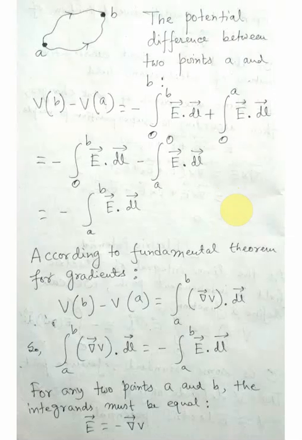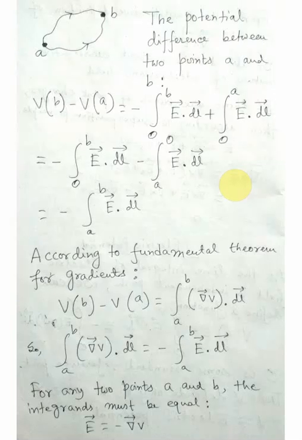If you know the electric field, or if we know the potential, we can find the unknown electric field. From this expression we can also write a famous equation called Poisson's equation, and from there the Laplace equation. This Laplace equation has tremendous importance, which we will discuss later in finding the potential.